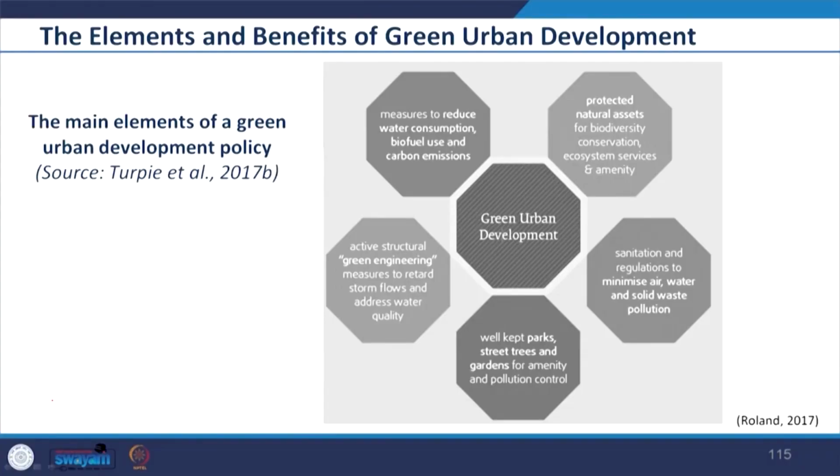The key elements which we see are tackling the problems of air, water and solid waste pollution through provision of solid and liquid waste management services and enforcement of appropriate regulation to control effluents and emissions from a wide variety of sources, replacing natural with built surfaces in a more environmentally friendly manner, tackling water and energy consumption, investing in greening measures, securing the protection, restoration or rehabilitation of selected natural areas in order to maintain biodiversity and valuable ecosystem services.